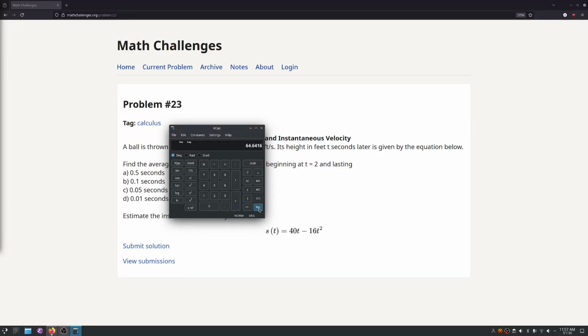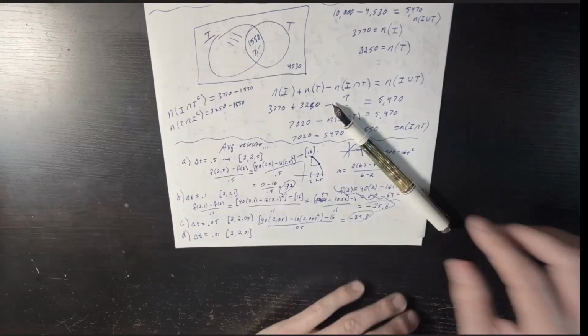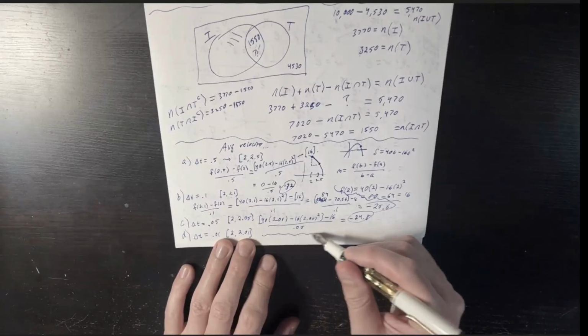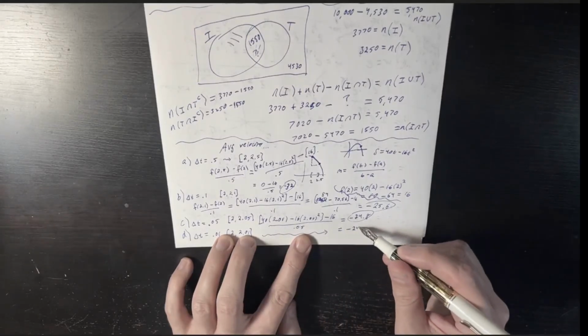And then 40 times 2.01. Subtract this number that we just found. Again, subtract f of 2, and divide by 0.01, or multiply this by 100. We'll move it 2 decimal places. So this time, when we do it out, we get negative 24.16.